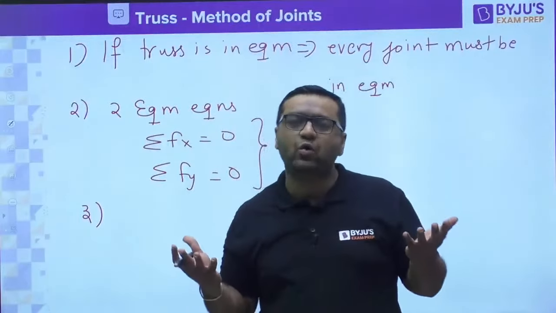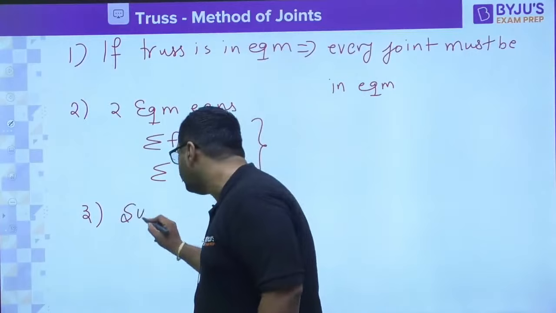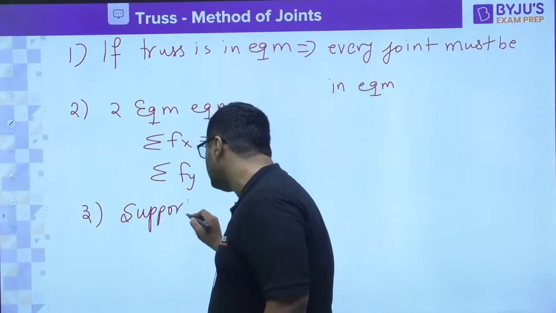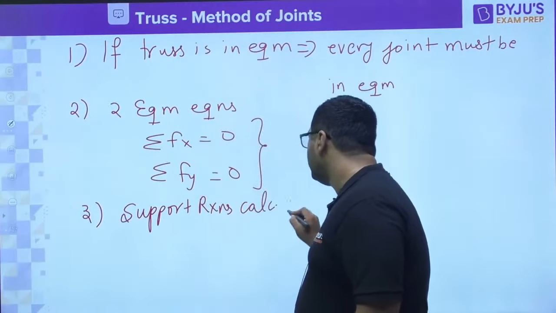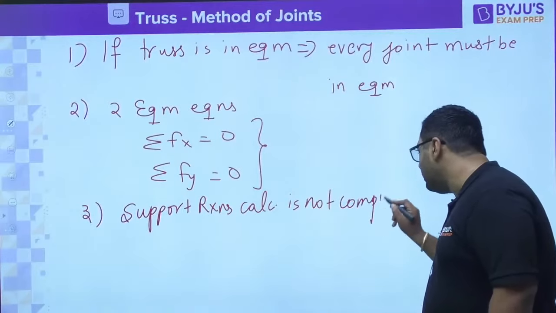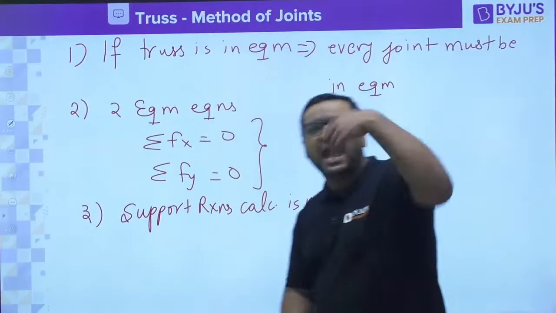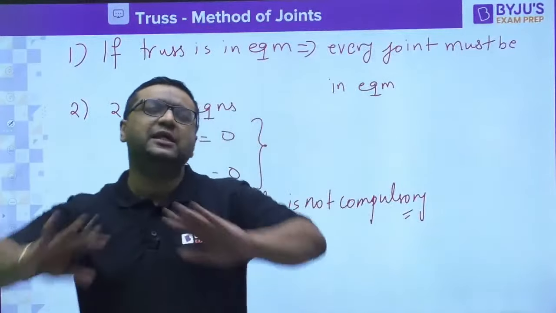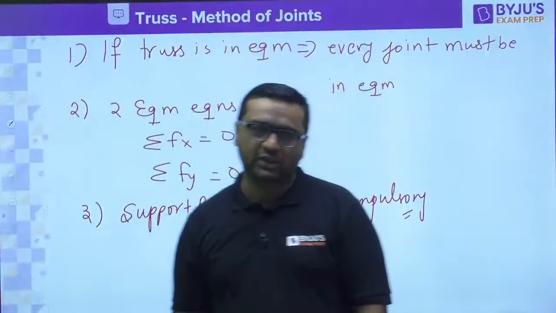You may find it, you may not. If we have any joint with two unknowns, then there is no need to go for the support reaction calculation.